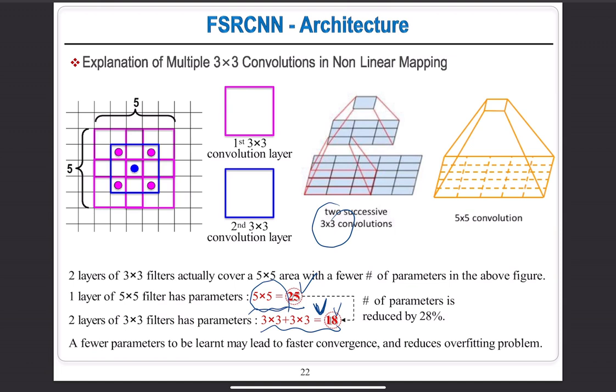This can reduce overfitting and improve convergence. This principle of deep and narrow instead of shallow and wide became common in many later network architectures. It also allows the model to add more non-linearity and flexibility while keeping computation low.